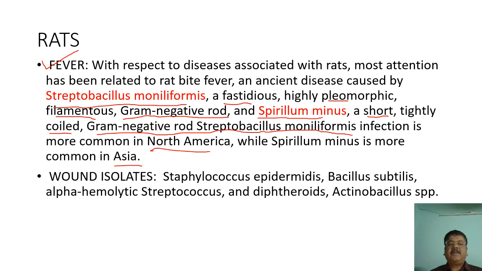Wound isolates: Staphylococcus epidermidis, Bacillus subtilis, alpha hemolytic streptococci, and then diphtheroids, Actinobacillus. These are the other isolates in the wound, but if it is systemic illness, it is rat bite fever.